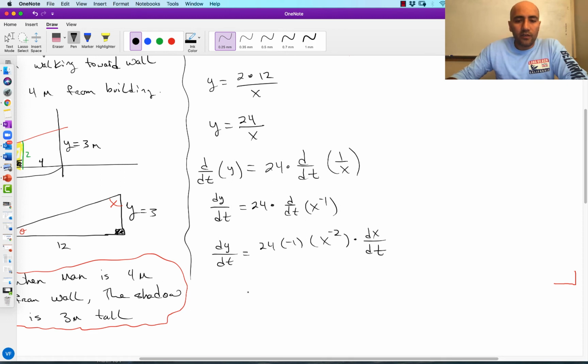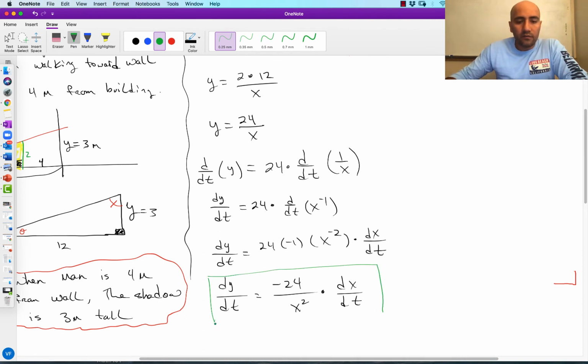And so from here, we can conclude that dy/dt is equal to negative 24 divided by x squared times dx/dt. So we have a formula for the derivative we're interested in.